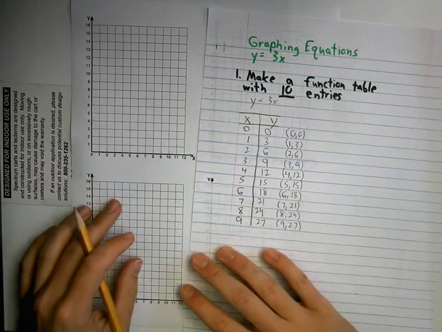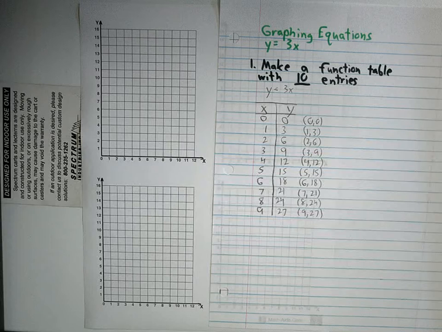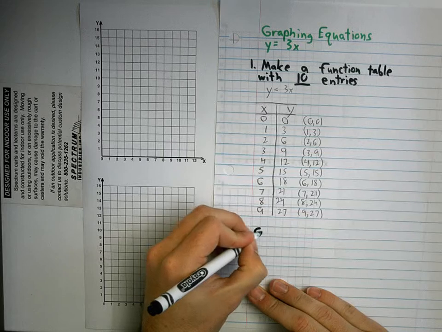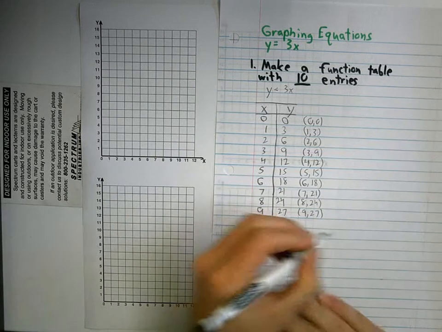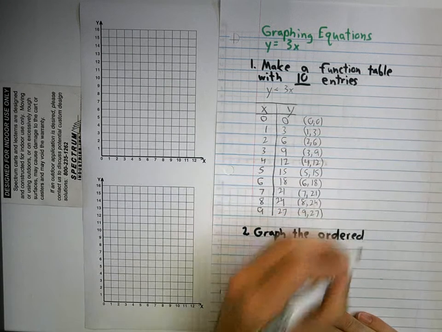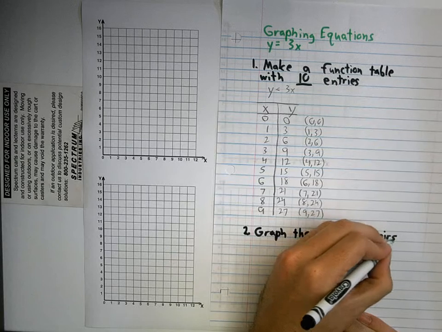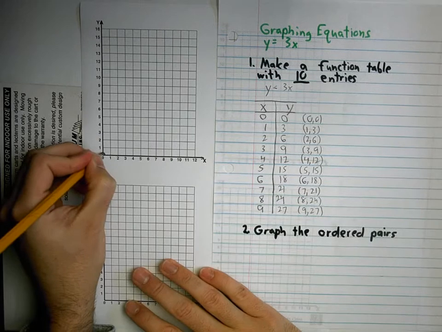I'm going to come over here to this one right here. And after I make my function table with 10 entries, I then, step 2, graph the ordered pairs. Okay? So I go 0, 0. See, that's why I start with that.